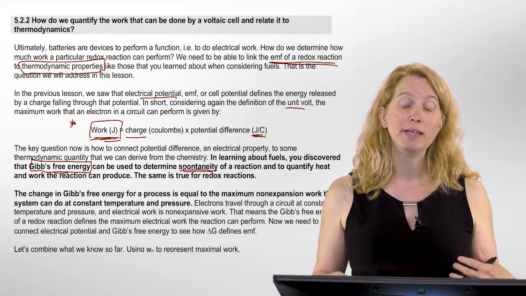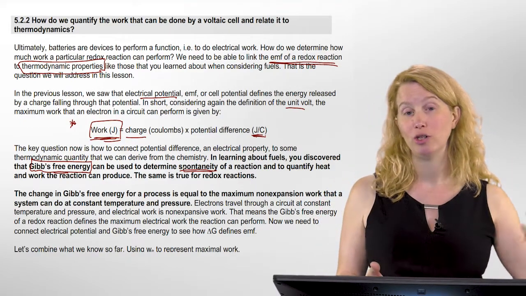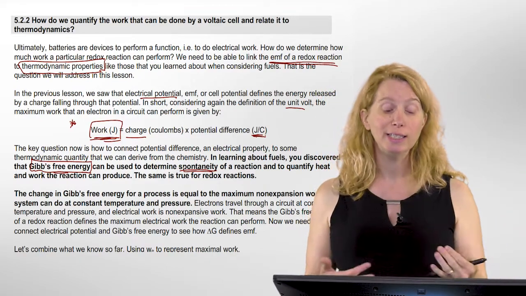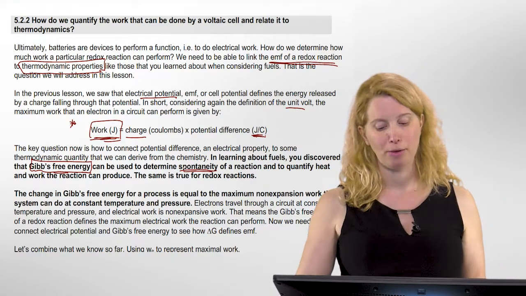So you know that when Gibbs free energy of a reaction is negative, that reaction happens spontaneously without addition of energy. When Gibbs free energy is positive, that reaction doesn't happen spontaneously. You have to put energy into the system to make the chemical reaction happen.